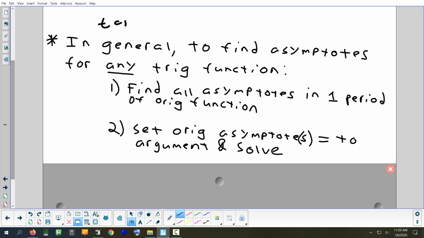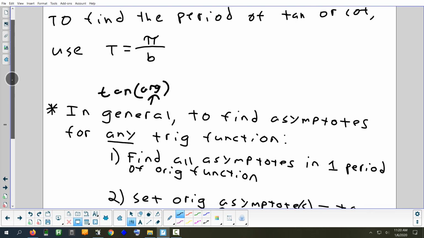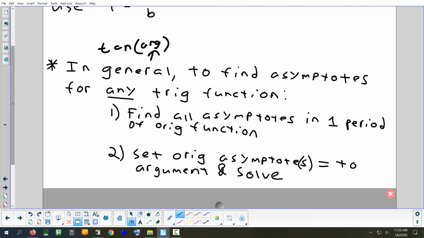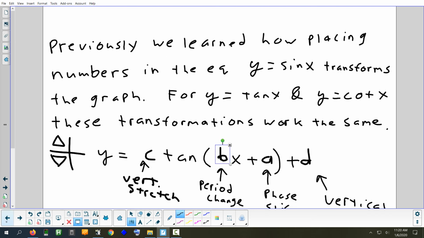So if you had tangent, something like that, that's the argument, what's inside the parentheses. Stuff that's outside the parentheses does not affect your asymptotes. Only the value for A and the value for B are going to affect your asymptote.